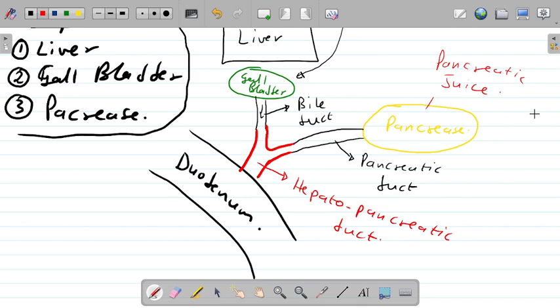And these two ducts form one main one that joins to the duodenum, which is called the hepatopancreatic duct. So far, that part you get. Who doesn't get? Or is it the words? It gets worse, unfortunately.